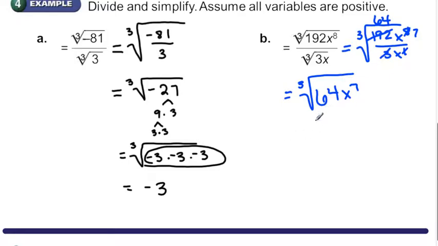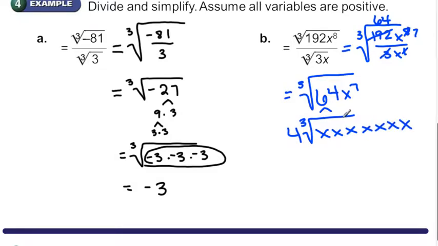Hopefully you know the cubic root of 64 is 4. Just memorize cubic root of 64 is 4. It'll make your life easier in everything else. So I'm going to bring this out front. 4 cubic root of x to the 7th.